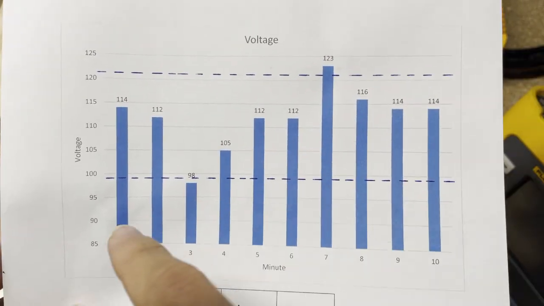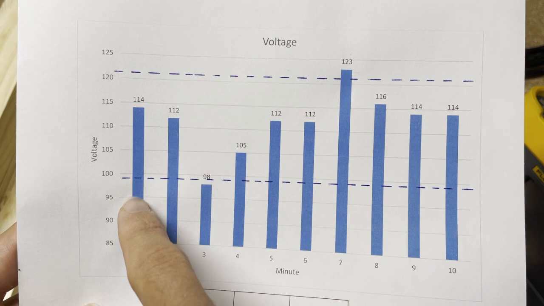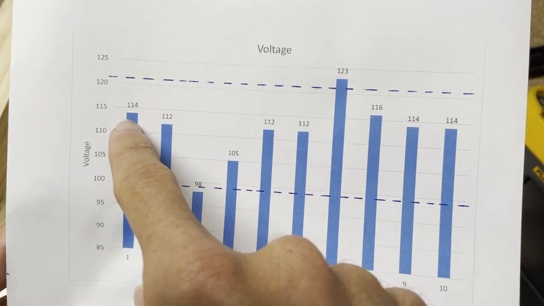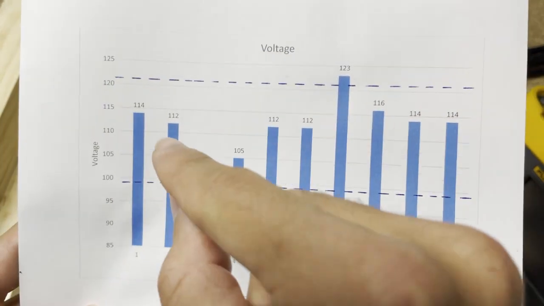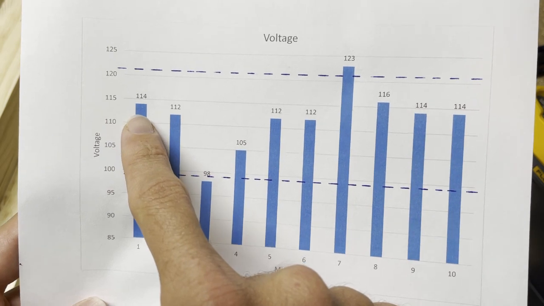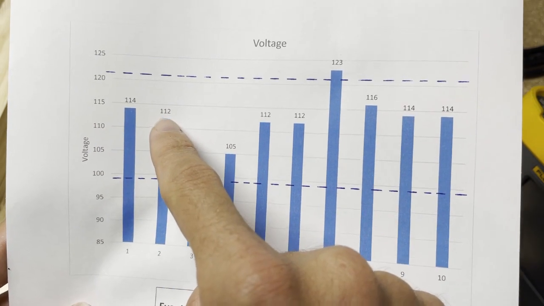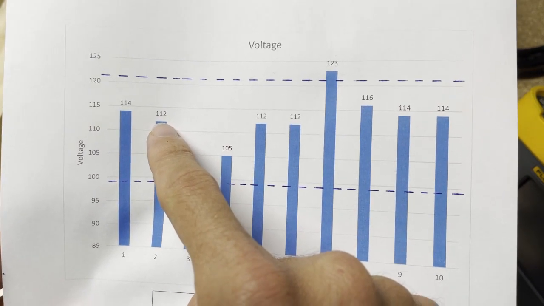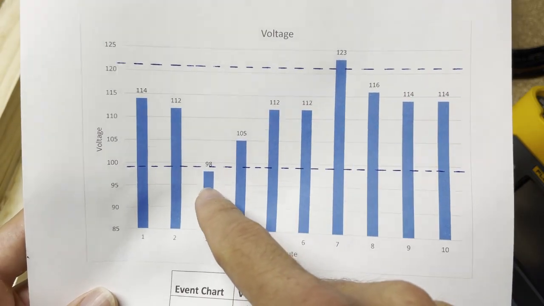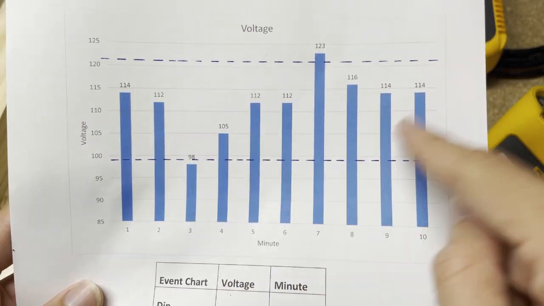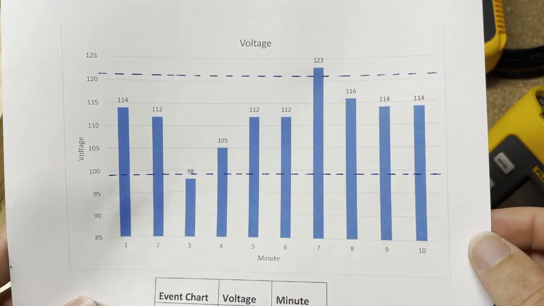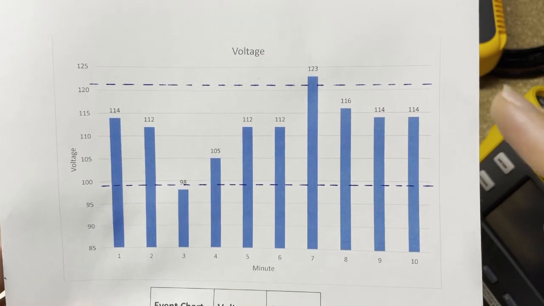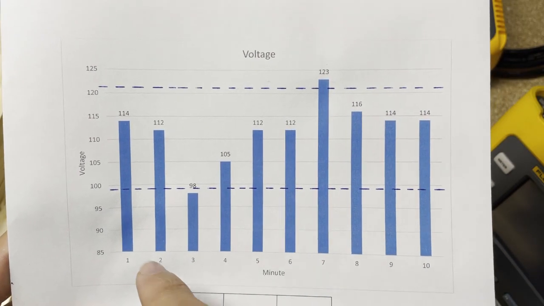In theory, for 1 minute the voltage we're monitoring was exactly 114 volts. Then in minute 2, it instantaneously jumped to 112. And then minute 3, it instantaneously jumped to 98, and so on the rest of the way. I know that's not practical, but this is good for demonstration purposes today.